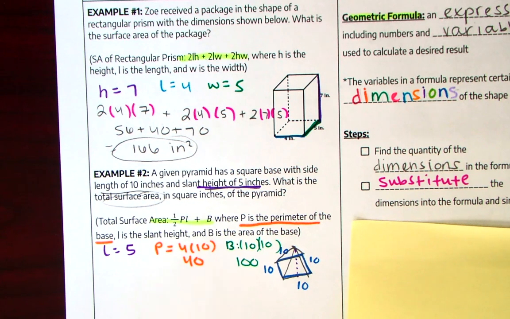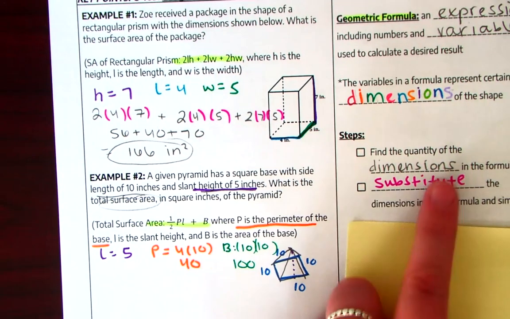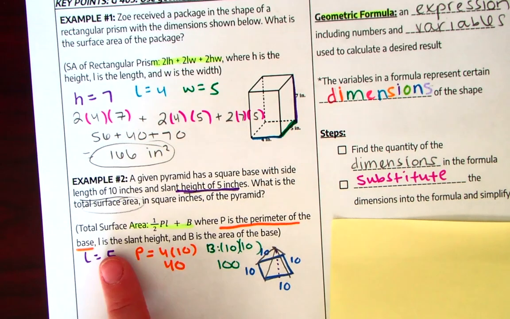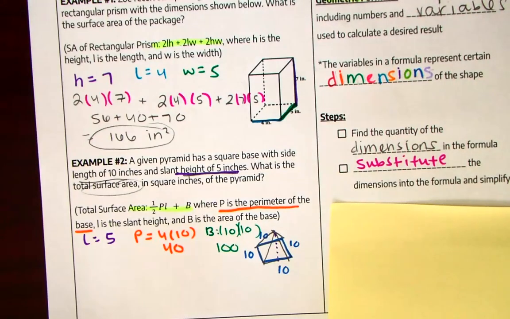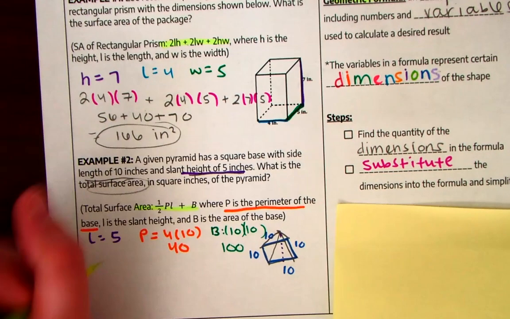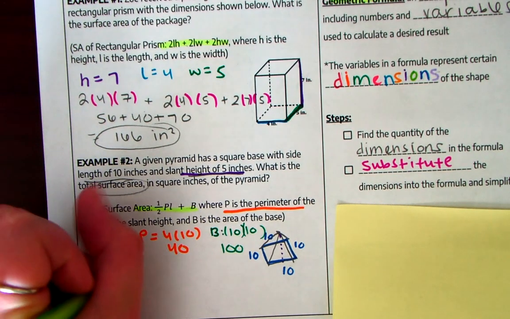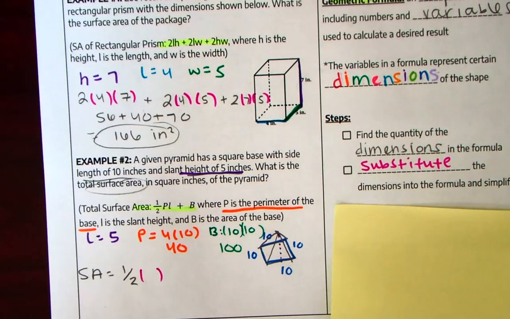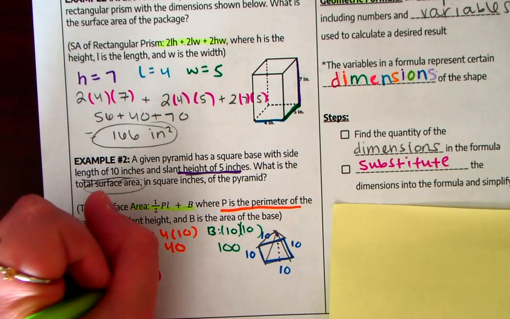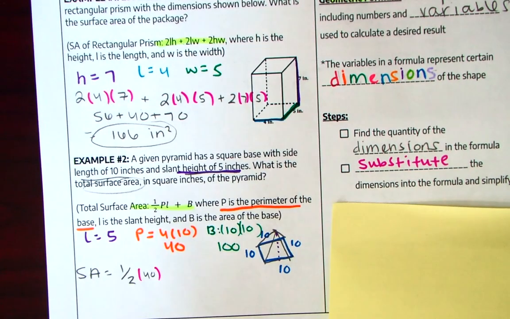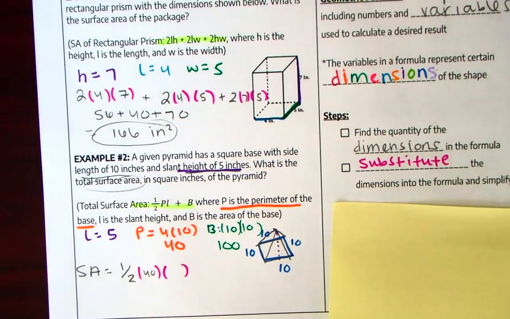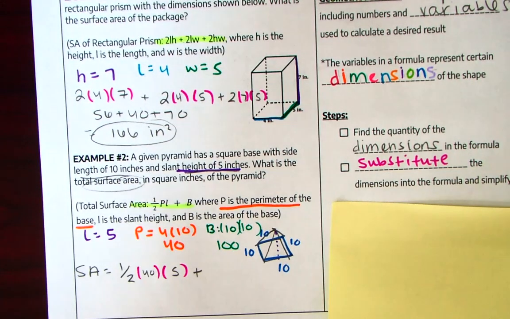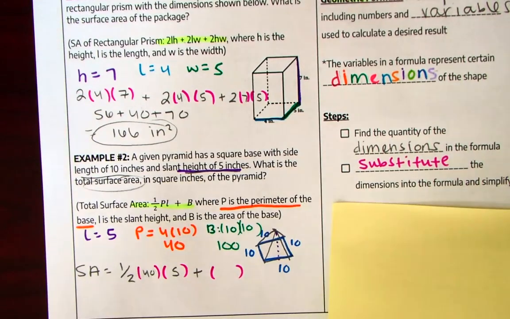Okay, now I figured out what all the dimensions were of the formula. I figured out what P was, what B was, and then I was just told what L was. Now I'm going to start plugging into the formula. Surface area is equal to 1/2, I insert P, which is 40, and then L, which is 5, plus B, which is 100.